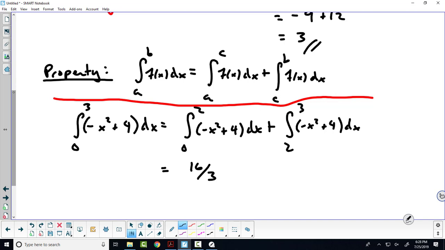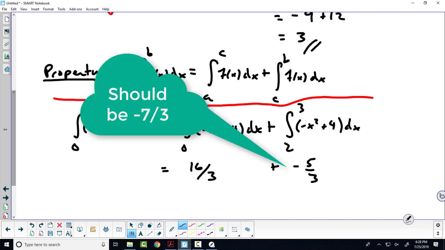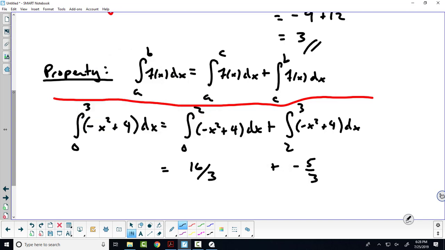So this was 16/3, and then in fact we could actually figure out what this would be. So what would that have to be? Help me out, folks. This would be negative 5/3, right? Because when you add them together, what do you get? 9/3. You get the 9/3 or the 3 that you were supposed to.